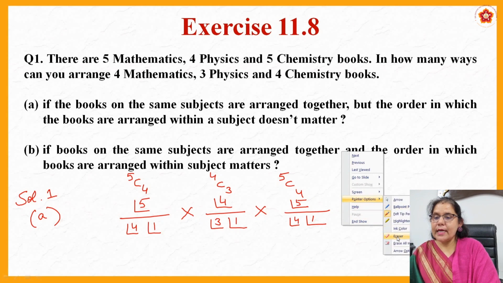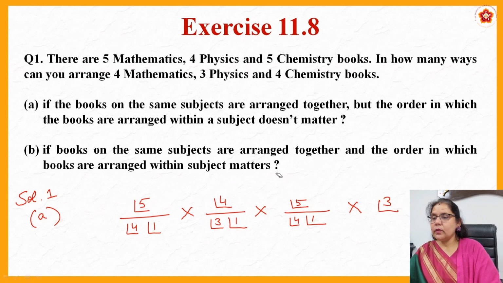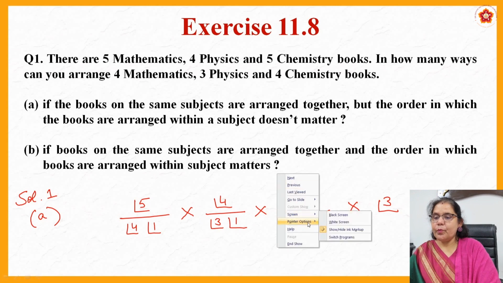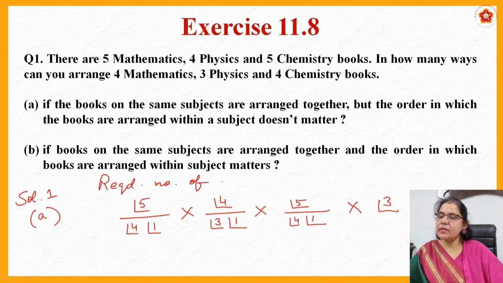I am going to erase what is not required here. So solve this and see what answer you are getting. Required number of ways is equal to, now solve it. This will come 5 into factorial 4, and factorial 4 in numerator and denominator gets cancelled.